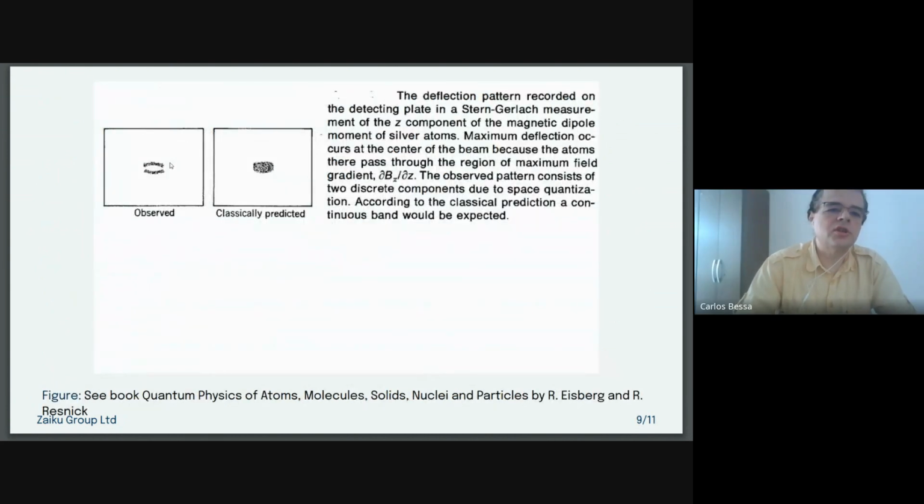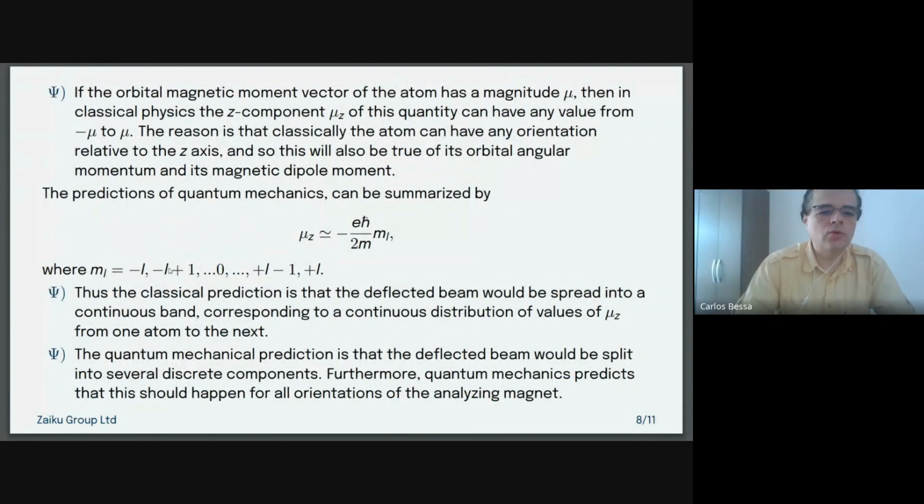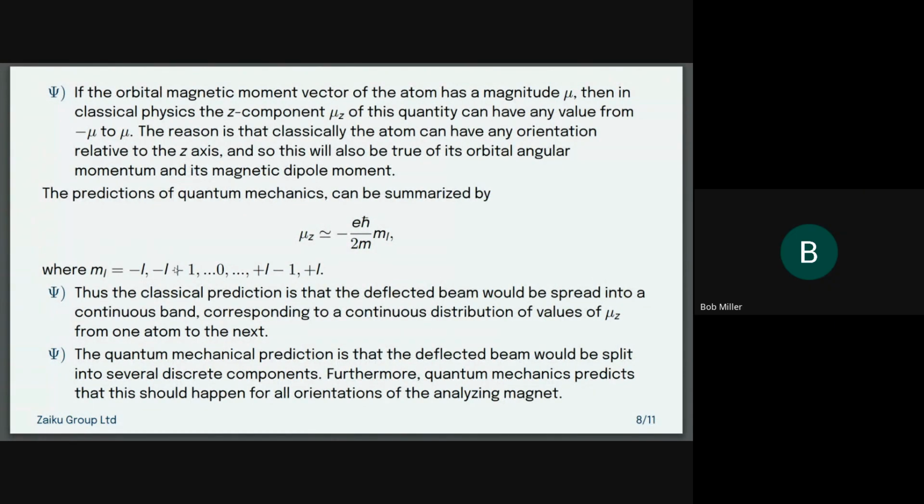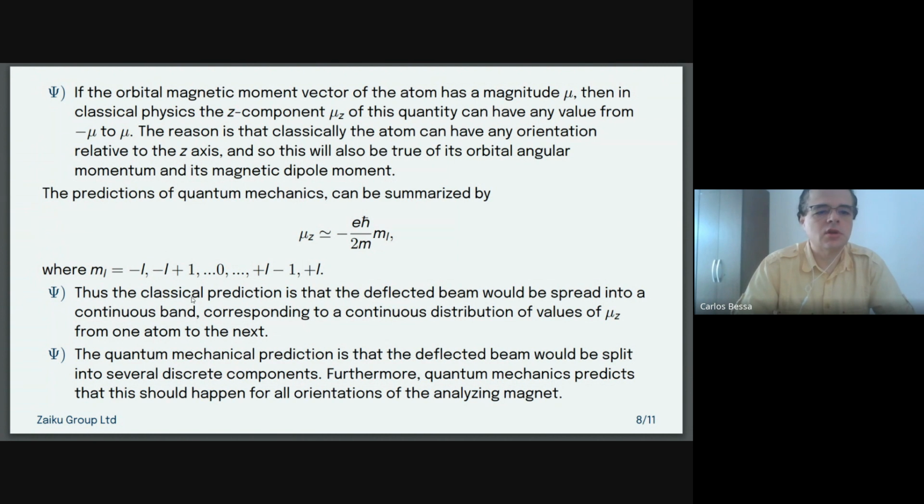Yeah, but it's something like this. I mean, the values are here. It's not something like this. Right, but if you only see two values, let's say L is 1. If L is 1, we would have the possibilities of m_L: minus 1, 0, and plus 1.